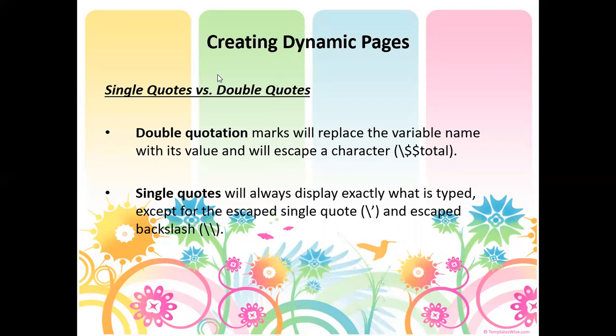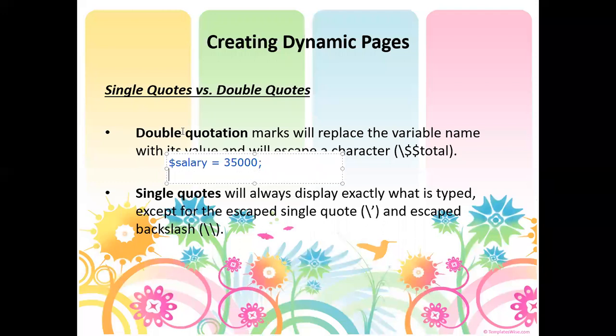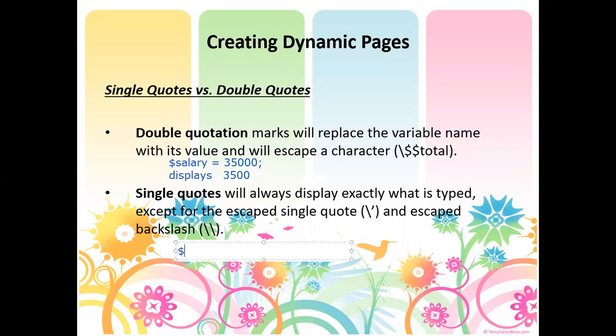So let's say the variable name, let's say dollar salary is equal to 35,000. So what will happen is when you put dollar salary, this displays 35,000 when you use double quotes. However, with single quote, I have dollar salary.